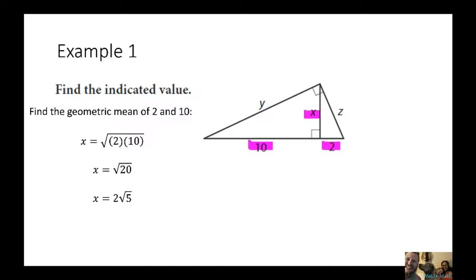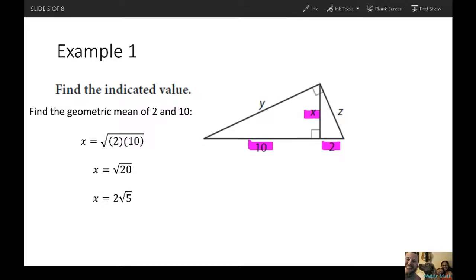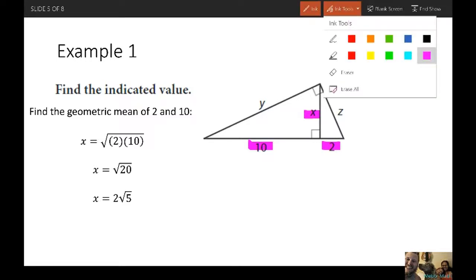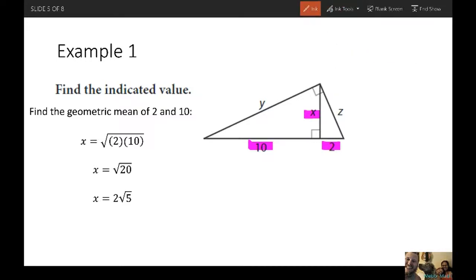And the square root of 20 is, well, 2 times the square root of 5. Now, if you can't recall, think about your past: the square root of 20, let's see, that's 4 times 5, or 2 times 10. It depends on who you are. And then this 2 pairs up with this 2.